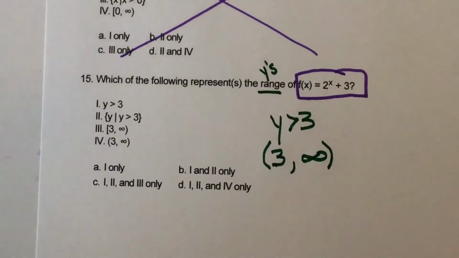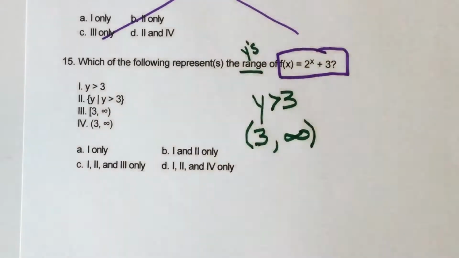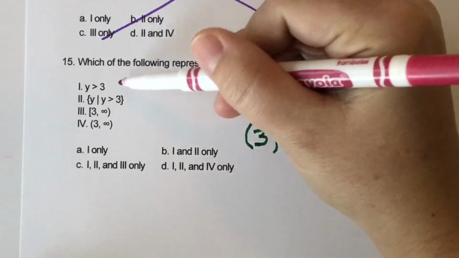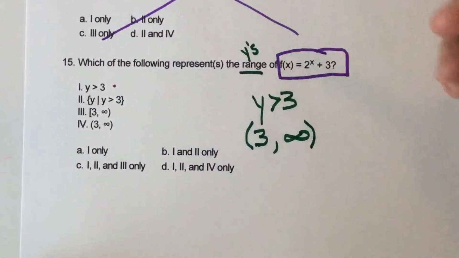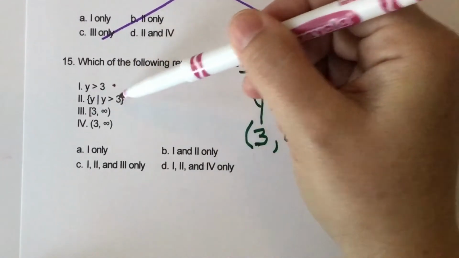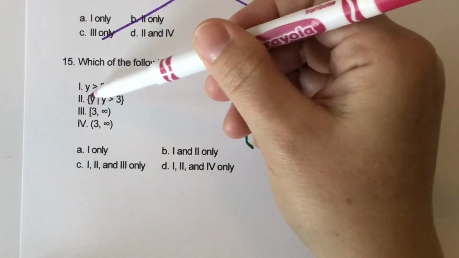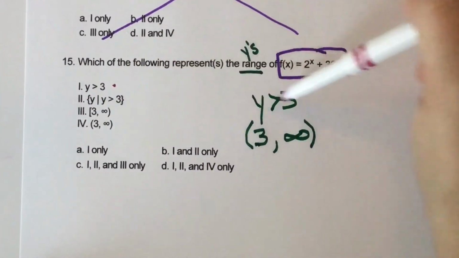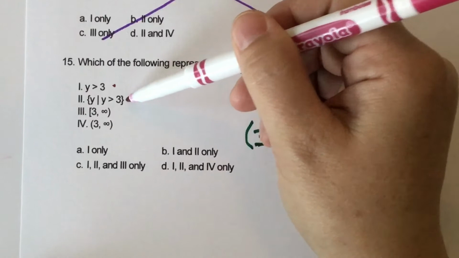All right, so let's see. Which of the following represents the range? Number 1 says exactly what I have over here, so that's good. Number 2 says the same thing in set builder notation, with y such that, and that's the exact same, so that's good.